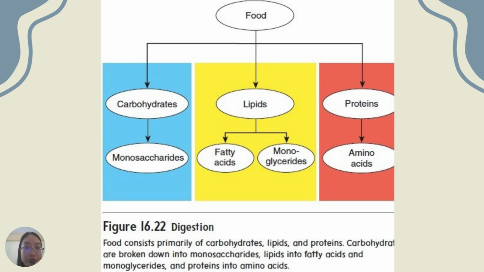Here we can see the food will be divided into three parts: carbohydrates, lipids, and proteins. Carbohydrates will be broken down into monosaccharides, lipids into fatty acids and monoglycerides, and proteins into amino acids.